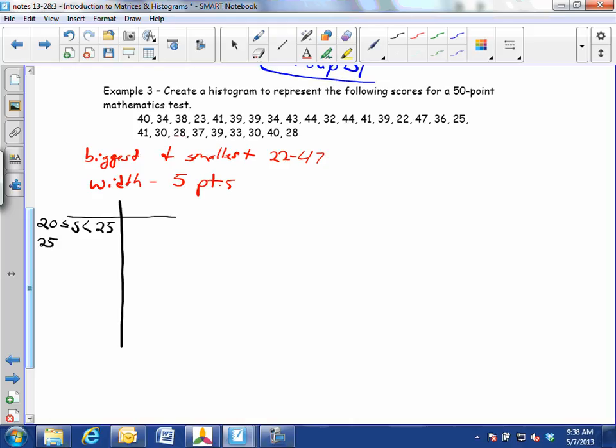Then another interval, 25 to 30, and then 30 to 35, 35 to 40, 40 to 45, and 45 to 50.